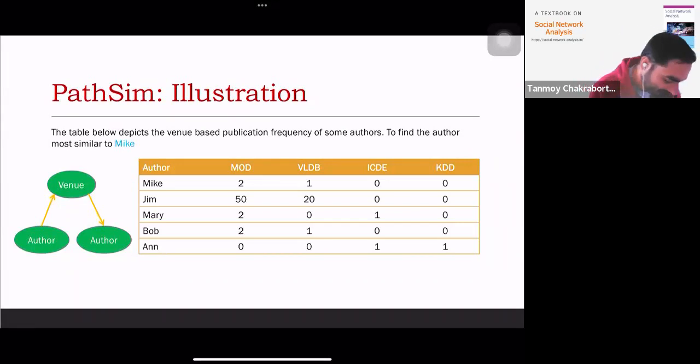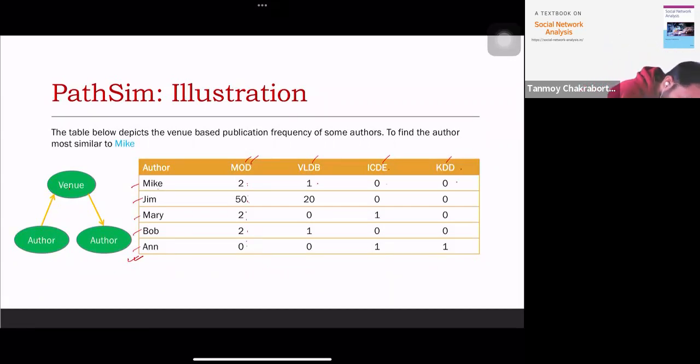Let's take this example. Let's assume that we are only considering this metapath, author, venue, author, AVA. Now these are statistics. You see, these are the authors: Mike, Jim, Mary, Bob, Anne. And these are the venues: Sigmod, VLDB, ICDE, SIGKDD. And what does this number indicate? Mike has published 2 papers in Sigmod, one paper in VLDB, 0 papers in ICDE, 0 papers in KDD. So these are numbers of papers.